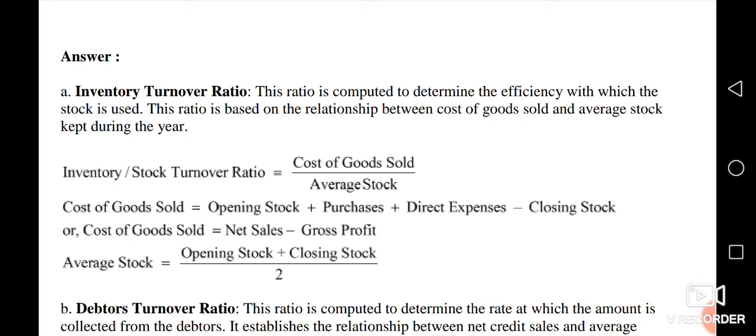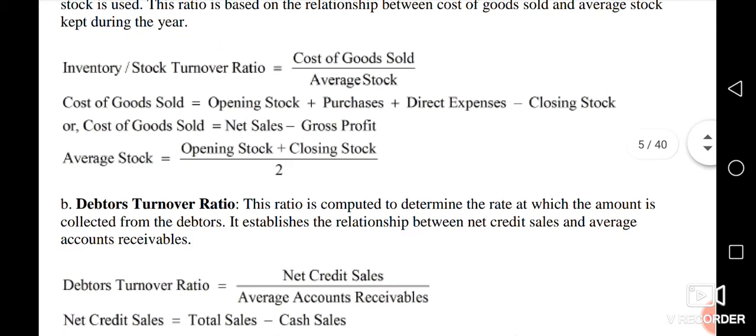These are two options for you. And average stock equals opening stock plus closing stock divided by 2.